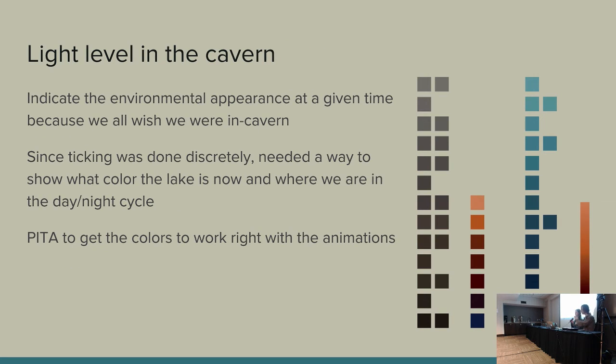All right. So like I mentioned before, we wanted to have a reflection of what the light levels in the cavern would be based on the altitude cycle, the way that the pod clock shows what the light in the pod would look like. So you can see the palette that we went with.